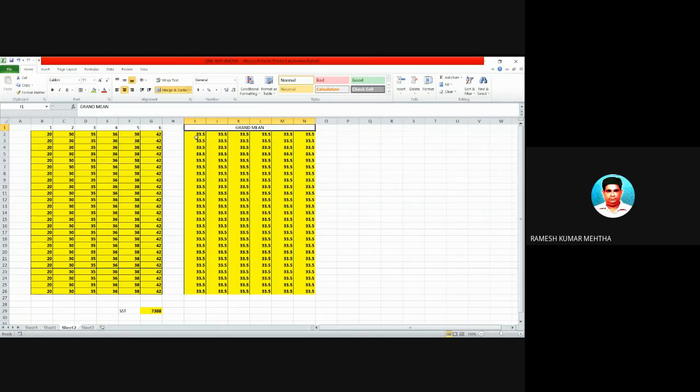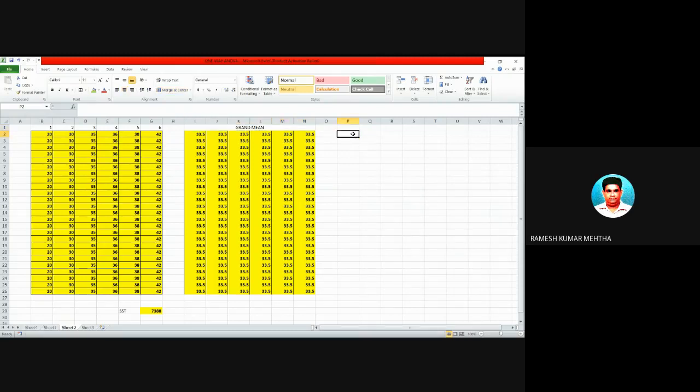So 20 minus 33.5, 30 minus 33.5, 35 minus 33.5, 36 minus 33.5, 38 minus 33.5, 42 minus 33.5. For all the individual elements, we are going to take the difference with the grand mean.